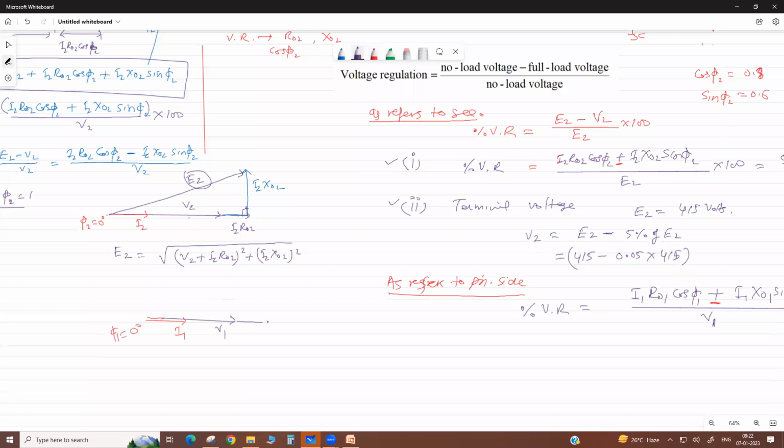Now the total drop is the drop in resistance I1 R01 and the drop in reactance I1 X01. This will give you V2 dash; here it is not E1, it is V2 dash.